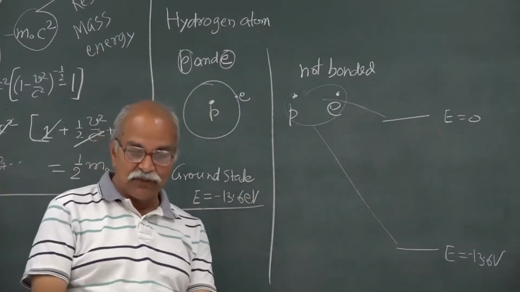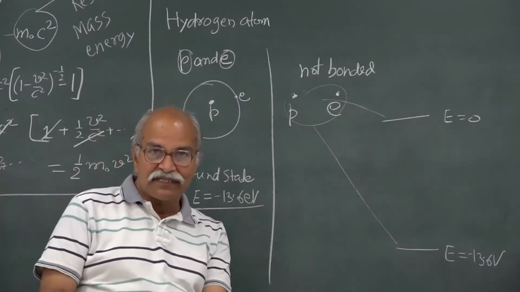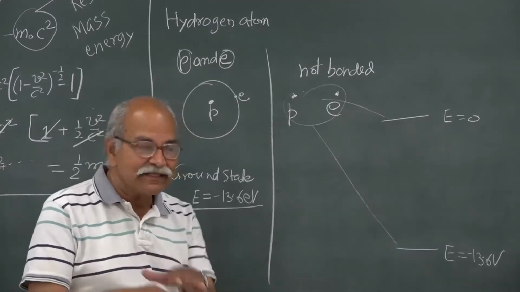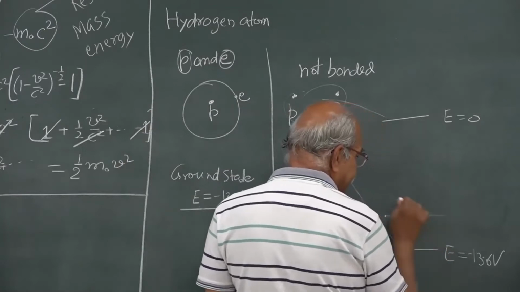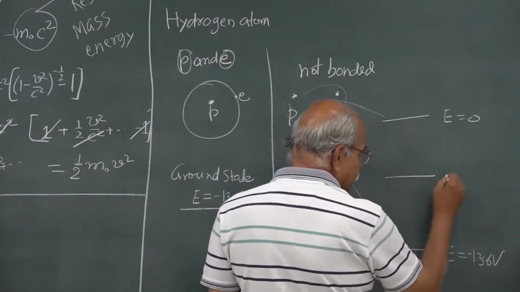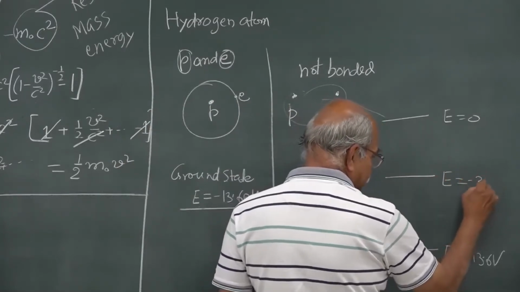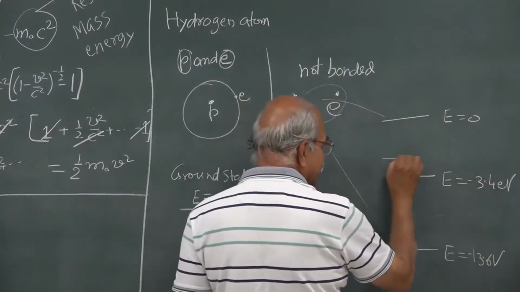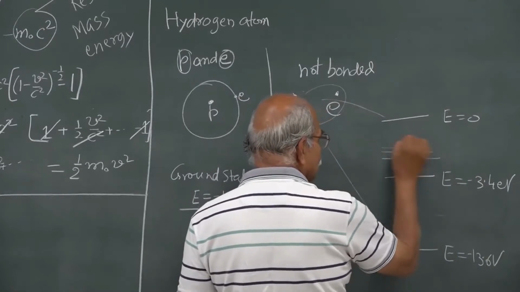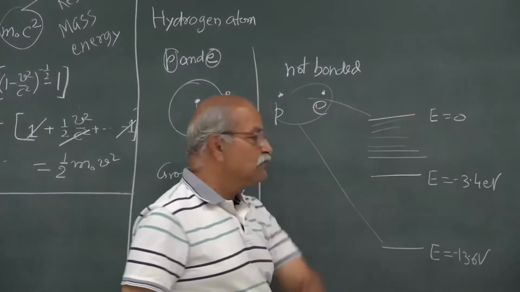So, you can have ground state, you can have excited, first excited state, second excited state. In the first excited state, the energy is minus 3.4 eV. Then you have the second excited state and third excited state and so on, and finally you have E equal to 0.